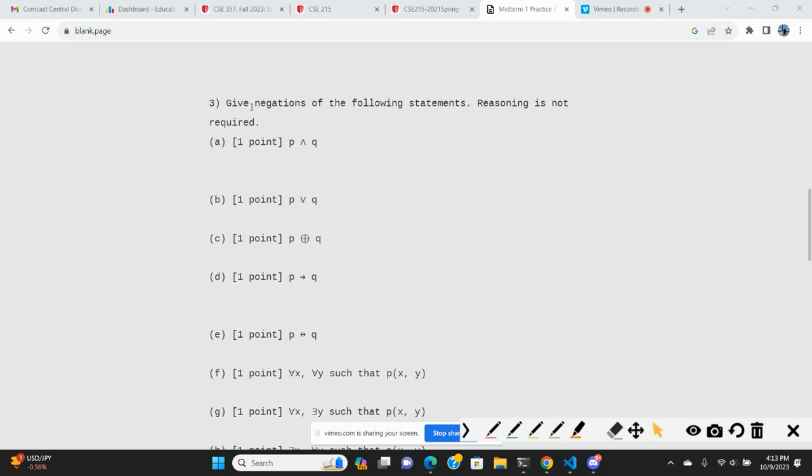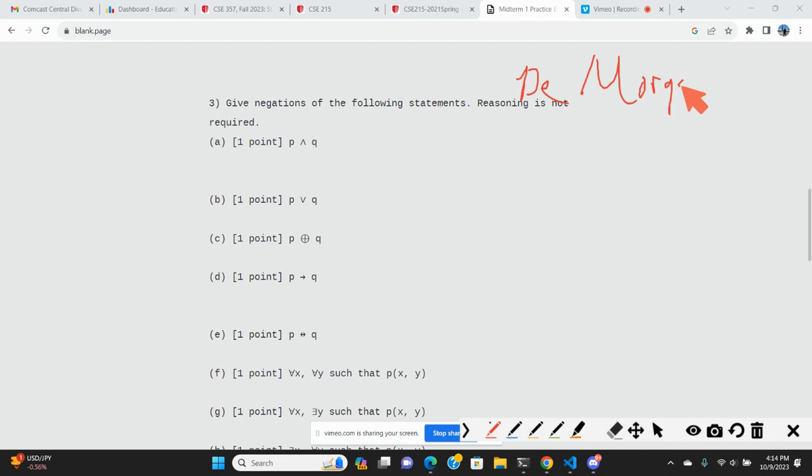Number 3, give negations of the following statements. Reasoning is not required. So once again, basic propositional logic concepts: knowing how to negate. One of the most important concepts, especially regarding and or statements, sorry, that was a tongue twister, is De Morgan's laws.